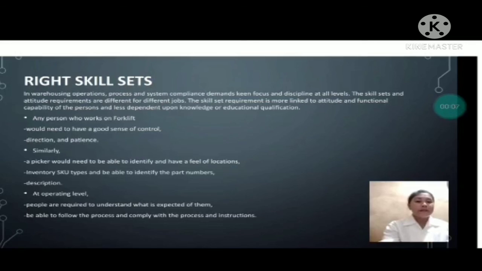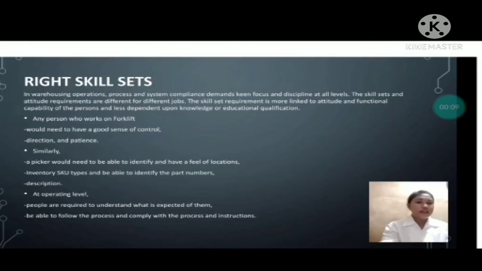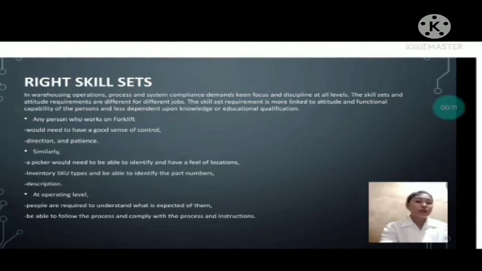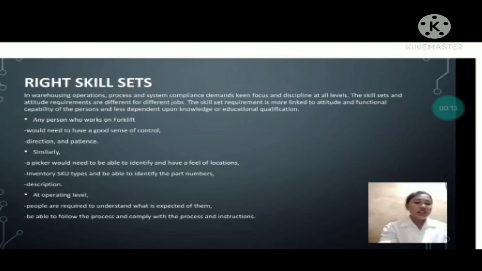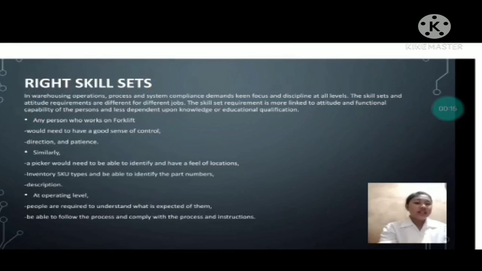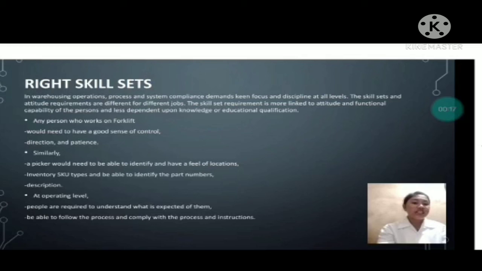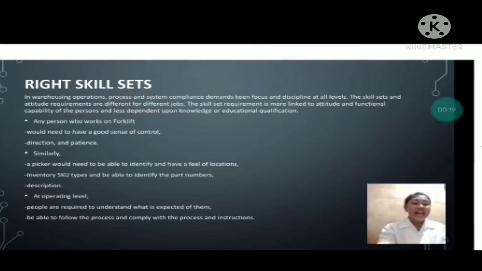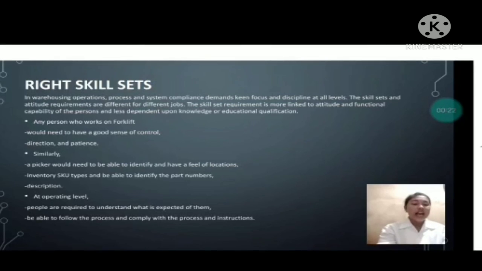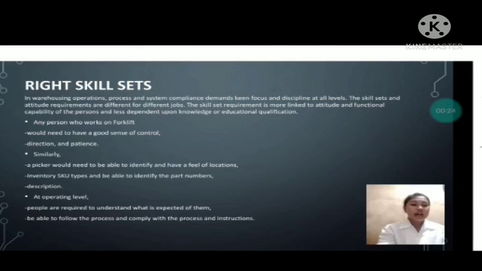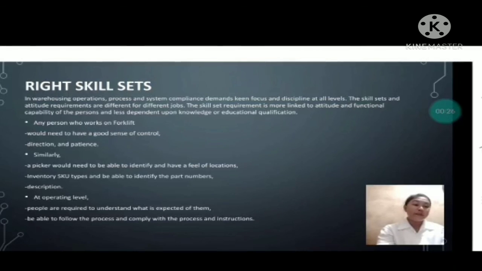For example, any person who works a forklift would need to have a good sense of control, direction, and patience. Similarly, a picker would need to be able to identify and have a feel of locations, inventory, SKU types, and be able to identify the part numbers.